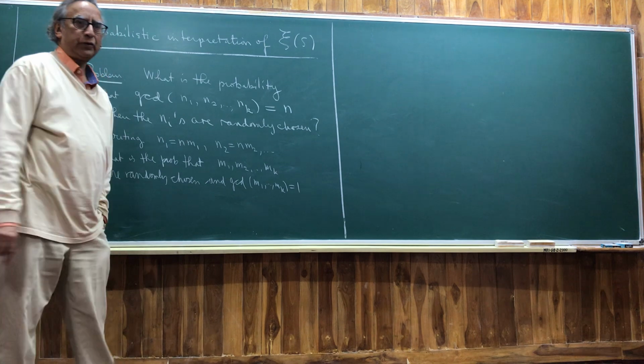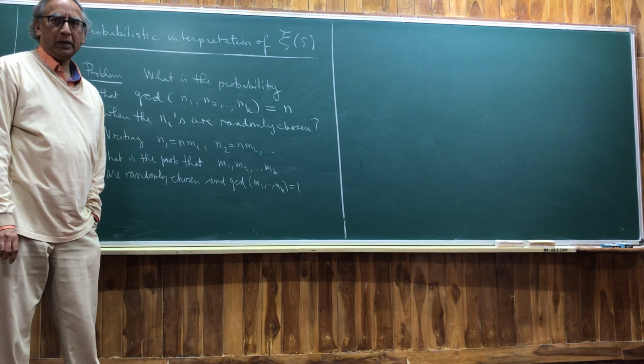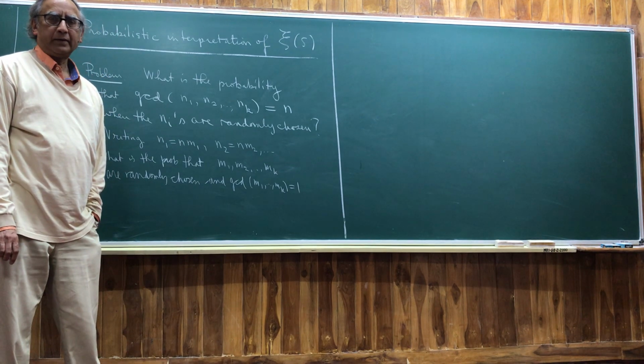So if I choose M1 to MK randomly, I ask what is the probability that this happens?